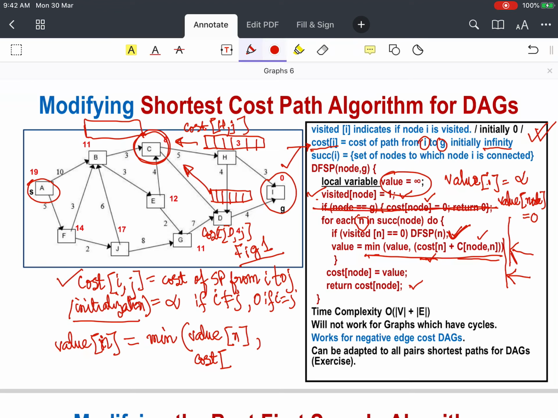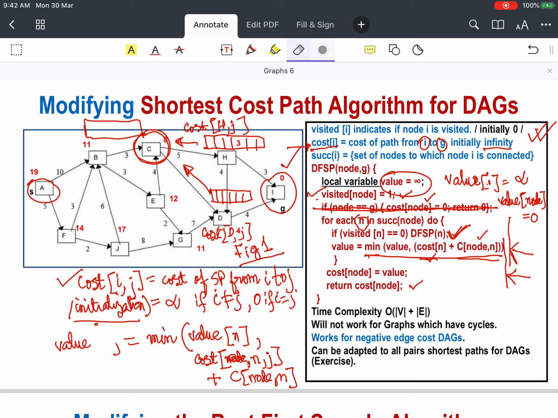Now that we have a two-dimensional cost array, it will find the cost from n to all other nodes j plus the cost of the node to n. This way it will find the value of node j for every j.